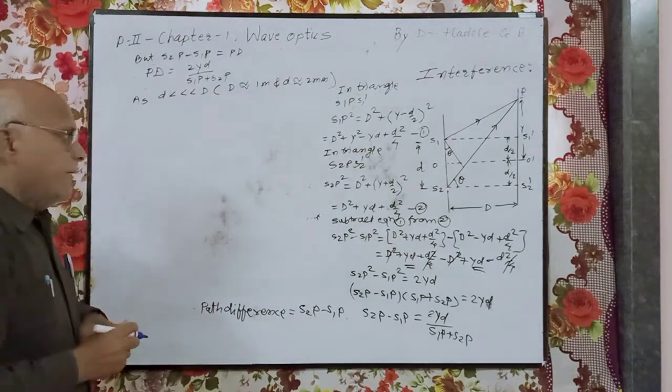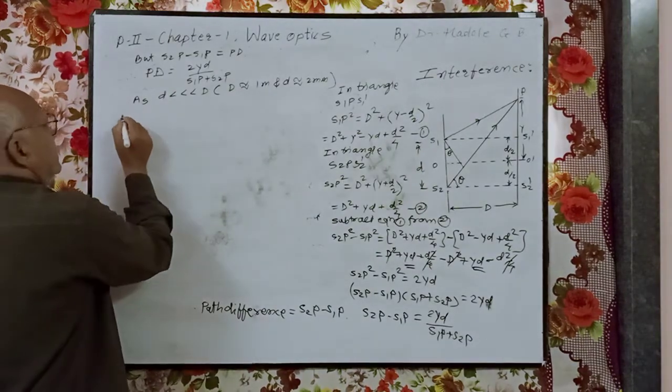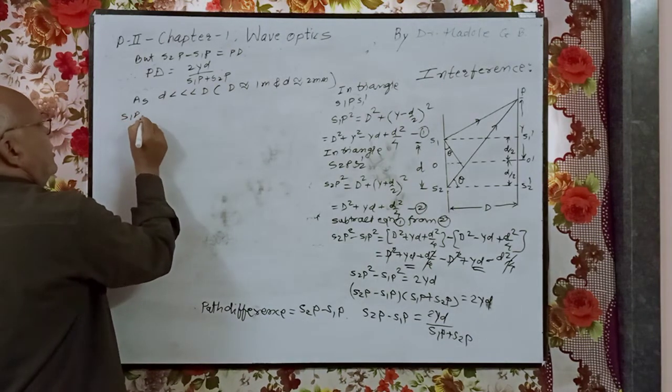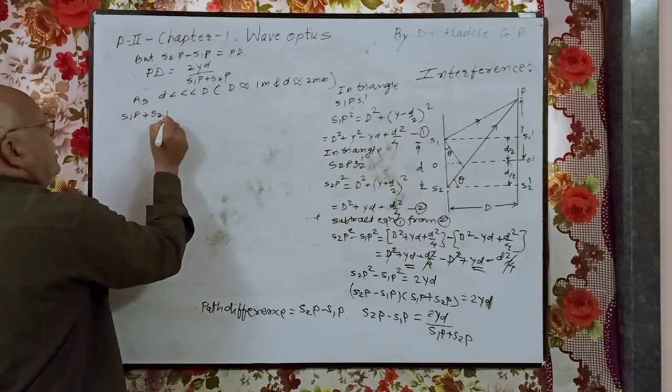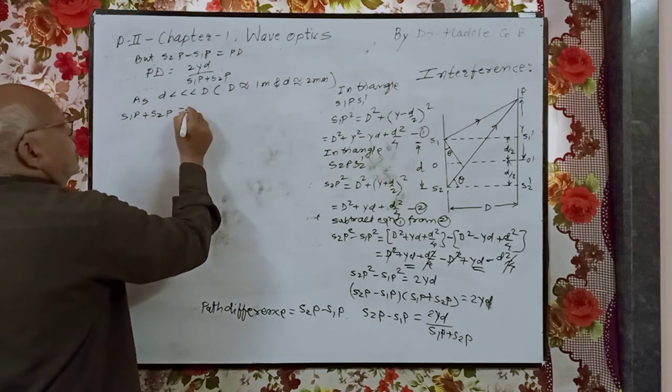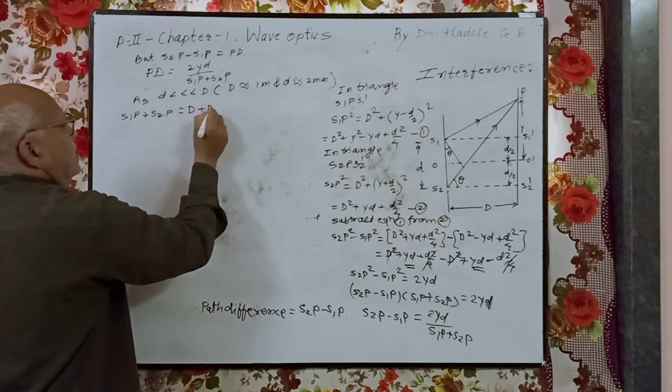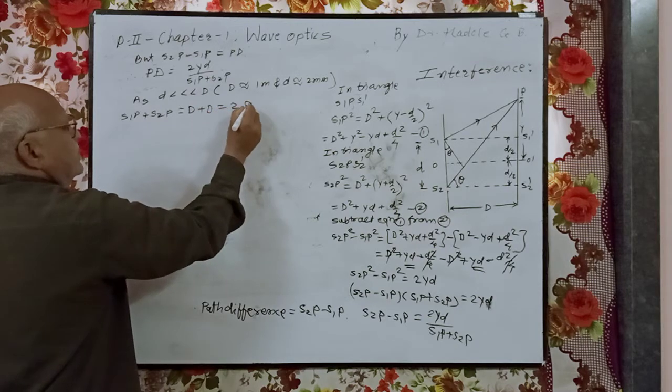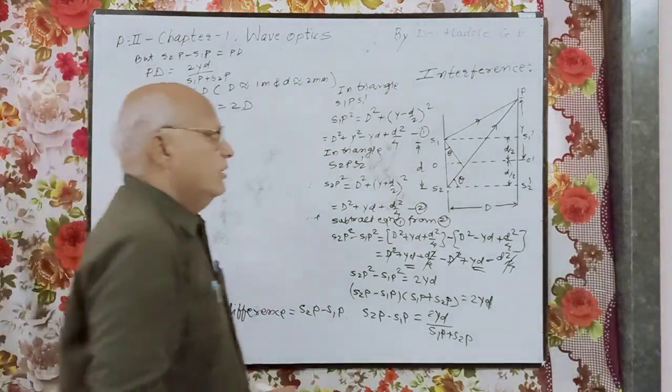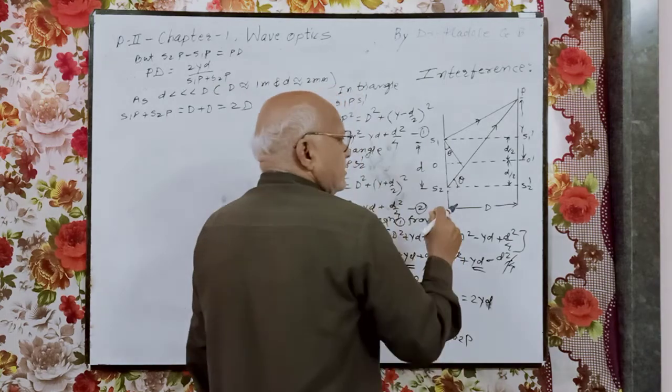and that's why we write this S1P plus S2P equal to D plus D, which is twice D. See here, what is the meaning of this?